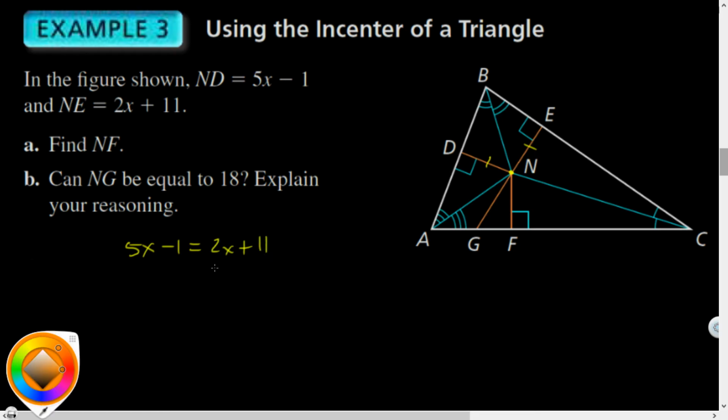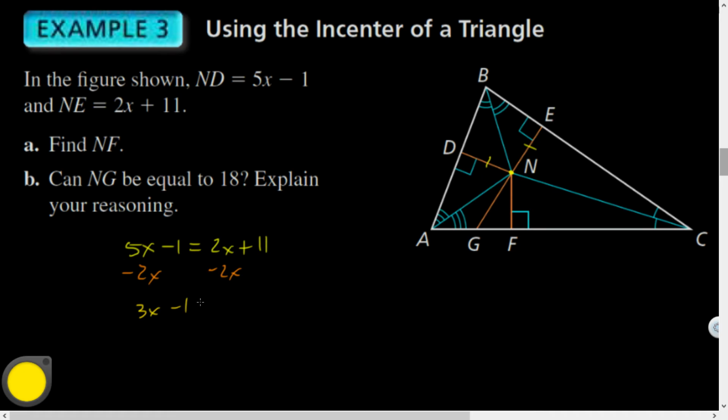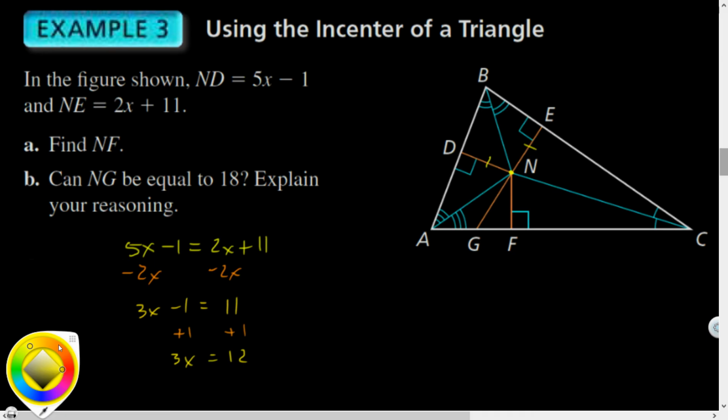And we'll solve, subtract 2x from both sides, and I will get 3x minus 1 equals 11. Add 1 to both sides. Isn't that so nice? It's not going to have fractions. 3x equals 12, divide by 3. For some reason I thought an n was in there, but that was just the name of the point. And so I'm going to have x equals 4.